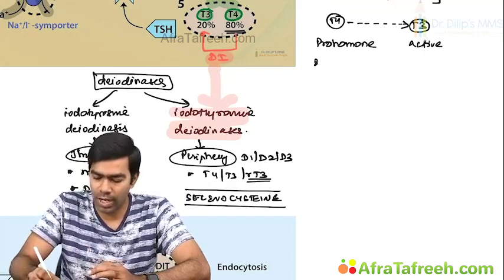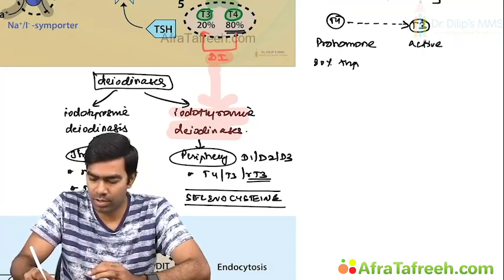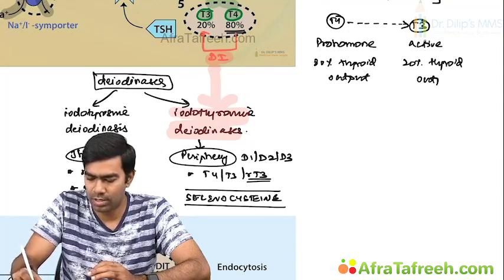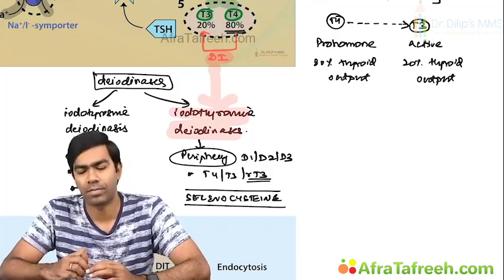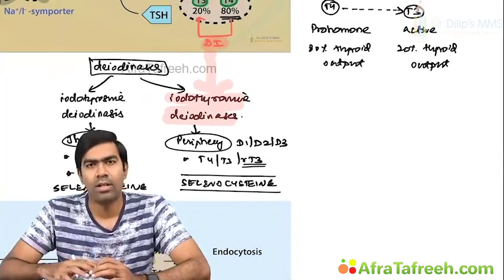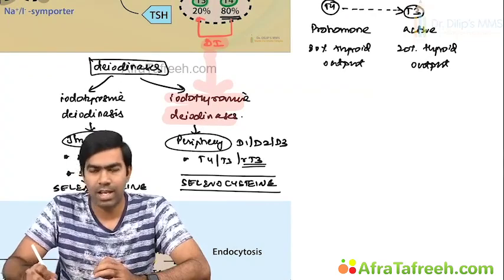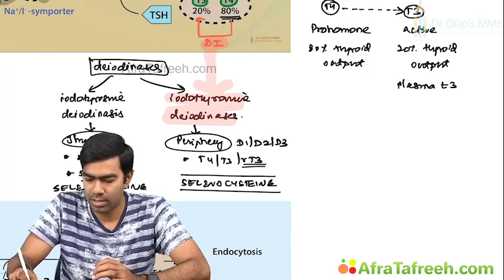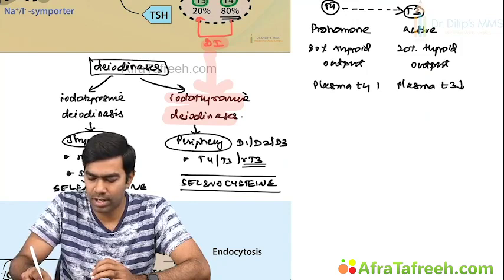I already told you 80% of thyroid output is T4 only, and only 20% is T3. Next, plasma T3 is actually very low, plus plasma T4 is very high.